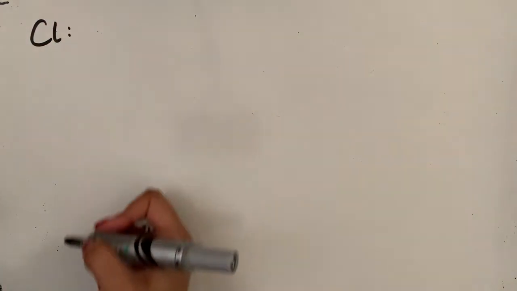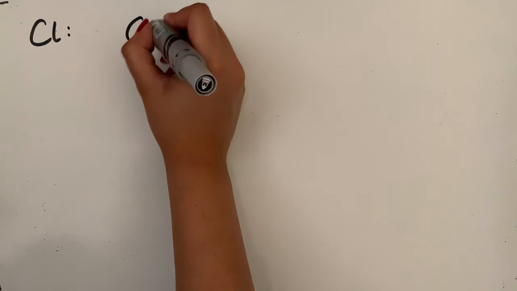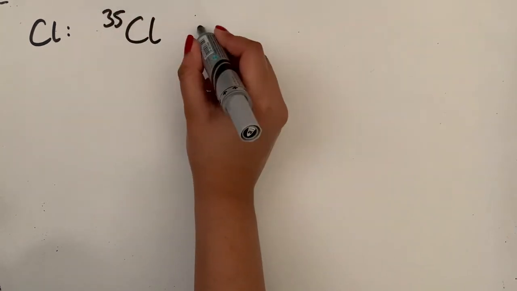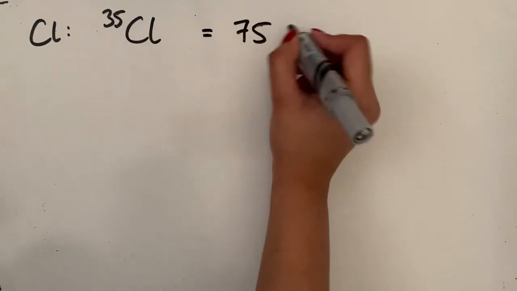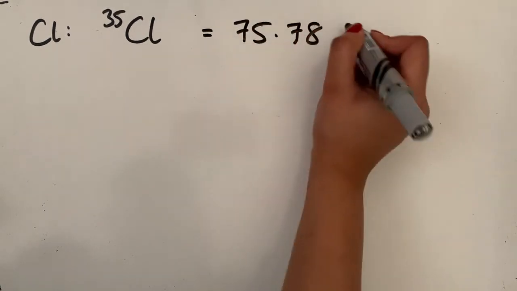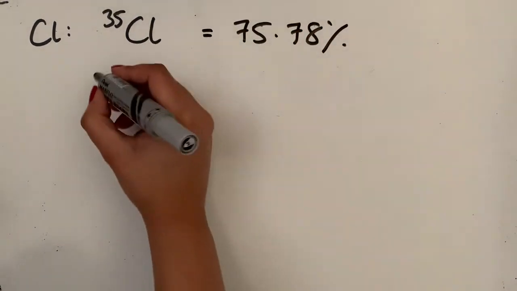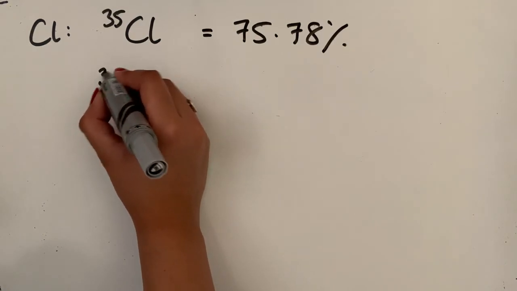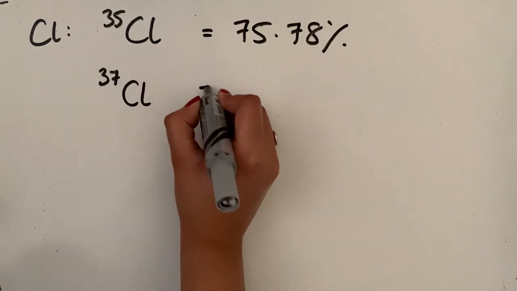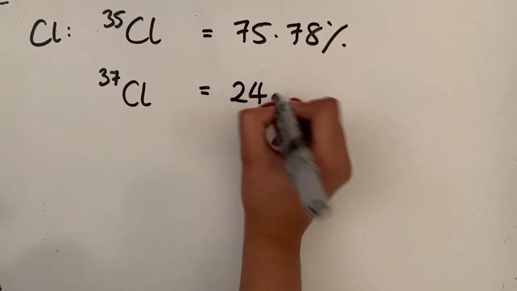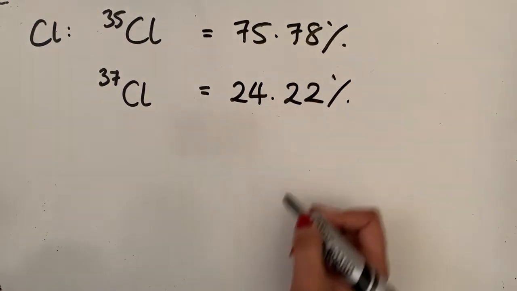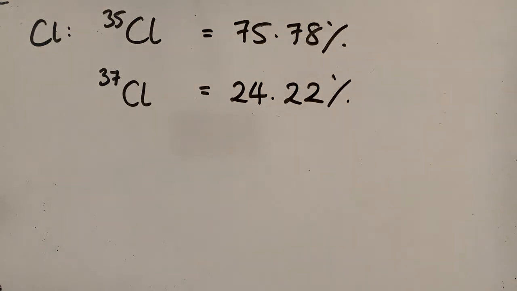In this case there are 2 isotopes present: one is chlorine 35, and the percentage abundance of that is 75.78%, and the other one, chlorine 37, has a percentage abundance of 24.22%. Obviously that adds up to 100, so that's accounting for all the isotopes present.